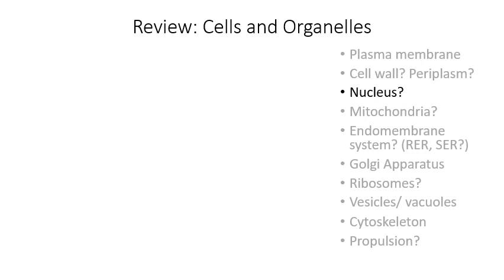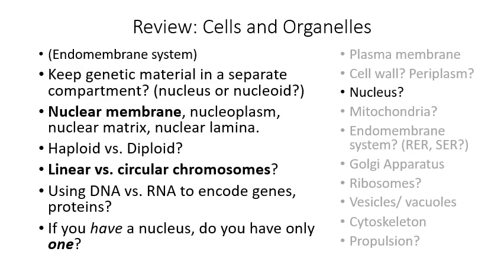What about the nucleus? Again, remember that not all organisms have a nucleus. If you have a nucleus, the purpose of the nucleus is to keep the genetic material, the DNA, in a separate compartment. Now, eukaryotes have a nucleus, but bacterial cells, even though they don't have a nucleus, have an area within the cytoplasm where the chromosome is normally found.